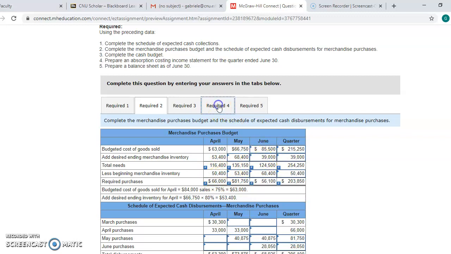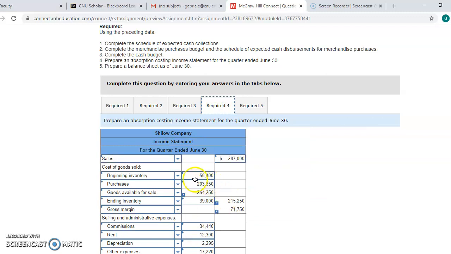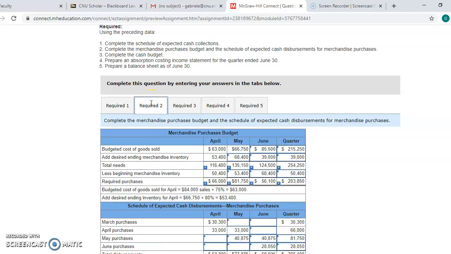Let's make sure this is correct. Beginning inventory 50,400, ending inventory 39,000. We have to figure out where purchases is coming from. It's going to be from the exact same chart.